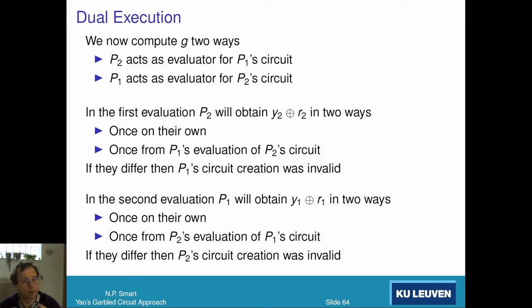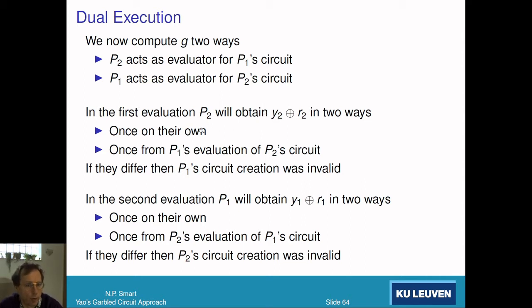Okay, so now what we're going to do is compute G in two ways. One where P2 acts as the evaluator for P1's circuit, and one where P1 acts as the evaluator for P2's circuit. So what's going to happen? In the first evaluation, let's look at what happens to P2. They're going to obtain y2 XOR r2 in two ways.